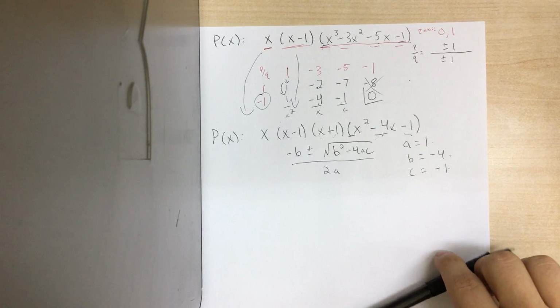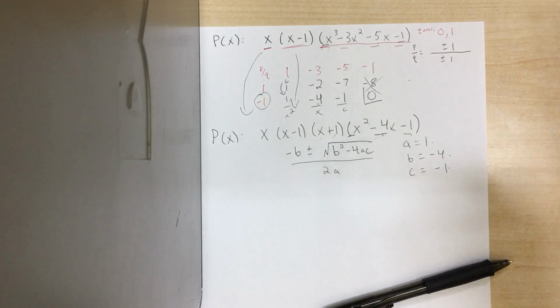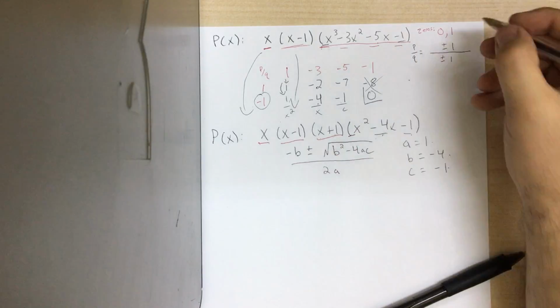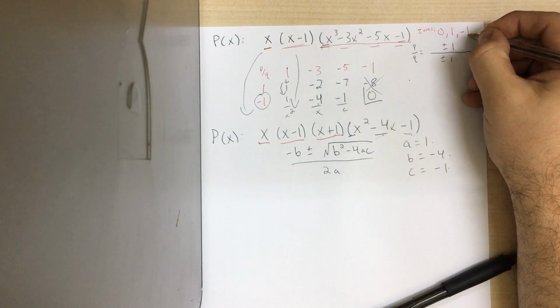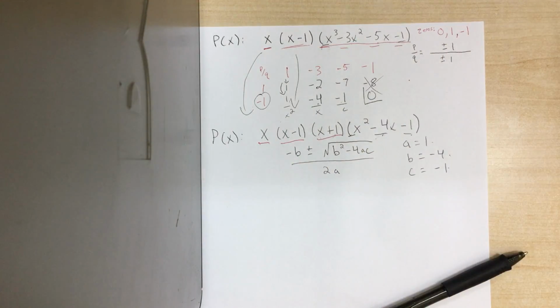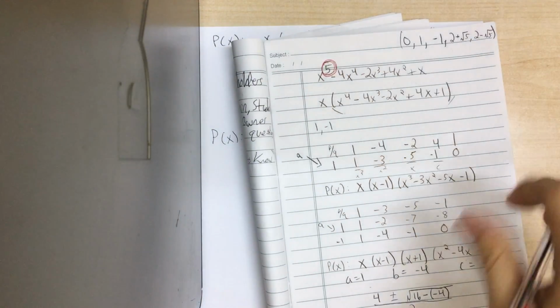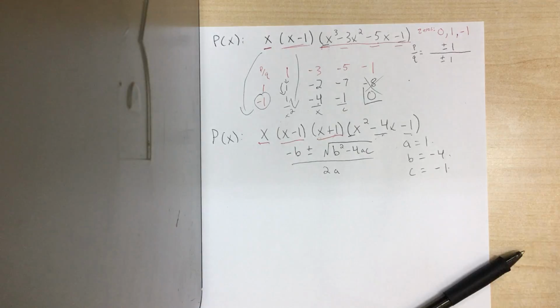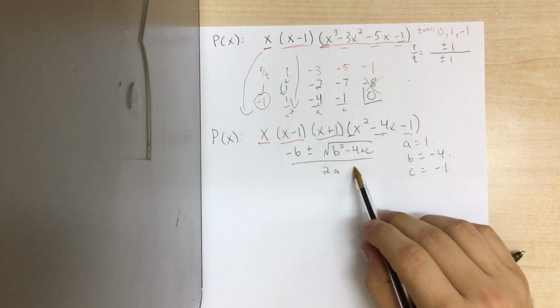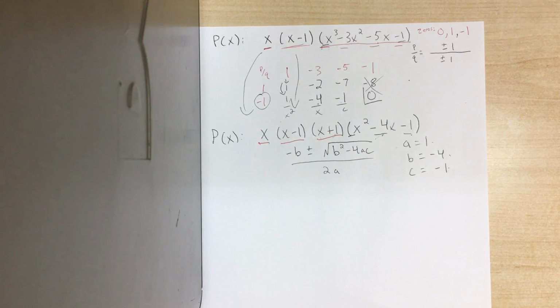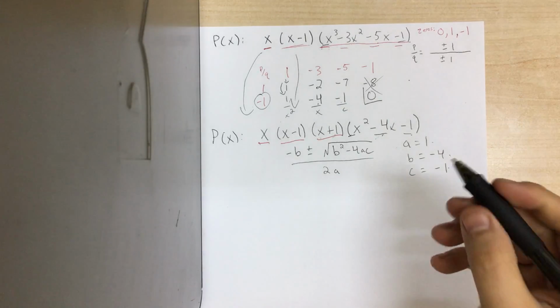Because remember, we've actually found 3 roots now: 0, 1, and -1. So the fundamental theorem of algebra tells us because this originally was to the 5th power, we need 5 roots. And we actually only have 3 right now. So this quadratic formula should give us the other 2. So let's start plugging in.